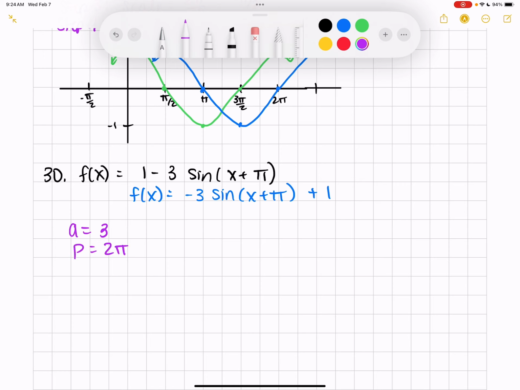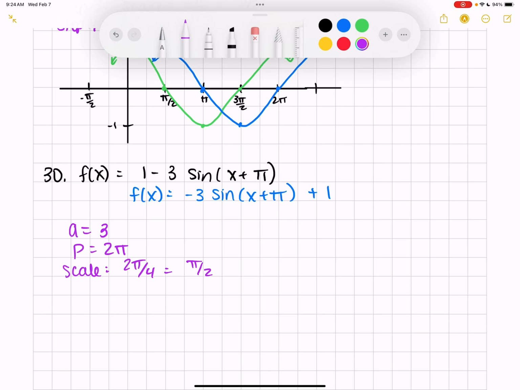The scale of it, that's not how you spell scale. Scale. How do I do the scale? Yep, so 2 pi over 4, which is pi over 2.